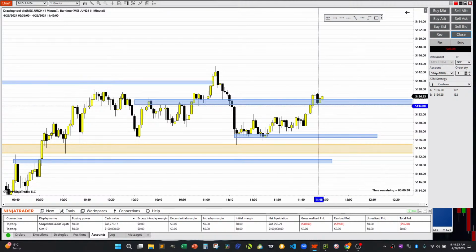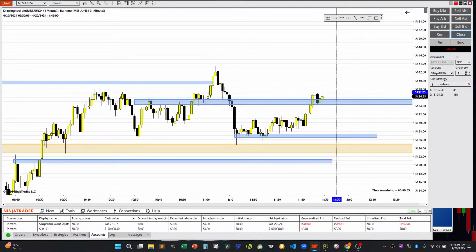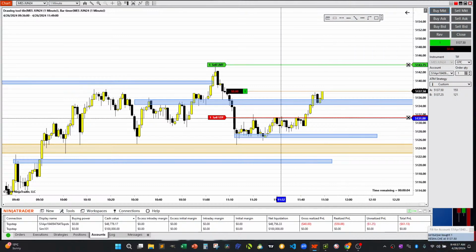This little area right here, I'll move the stop to this area if it breaks above the high here. Order filled. There it goes.